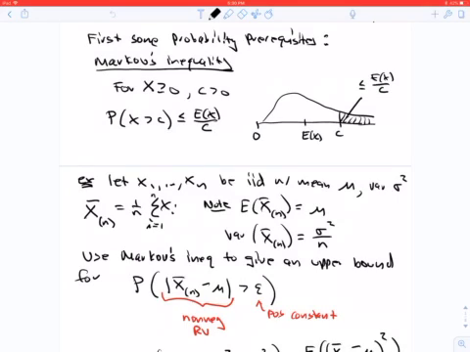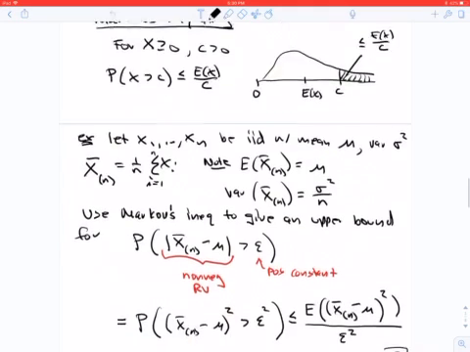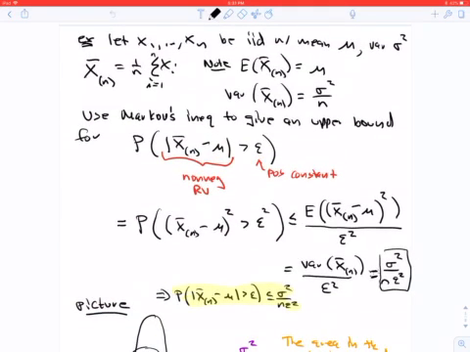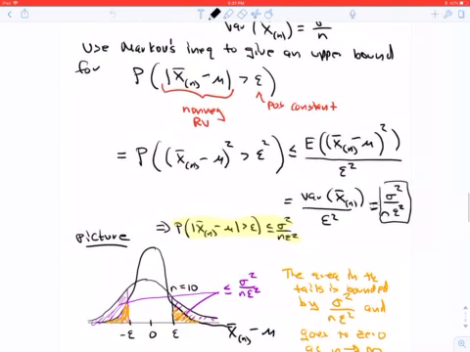So let's start with Markov's inequality. Markov's inequality gives you an upper bound for the tail probability, assuming only that the random variable has an expectation and that it is non-negative. So let's look at an example where we're looking at the sample mean, and we're going to use Markov's inequality to give an upper bound for this quantity here.